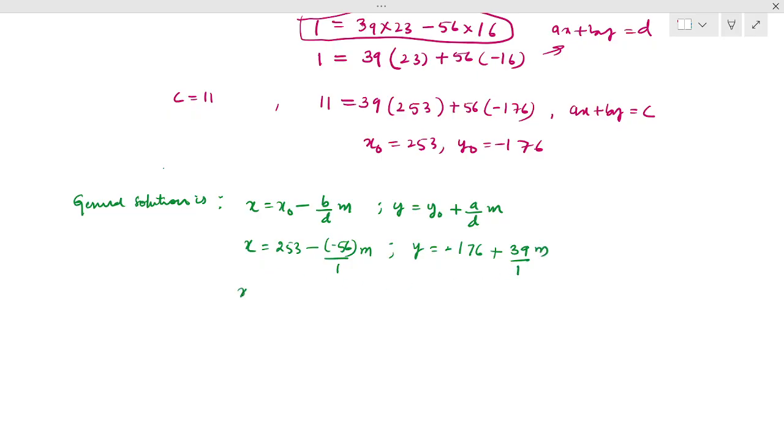Or finally you can write x is equal to 253 plus 56m and y value is minus 176 plus 39m, and m belongs to integers. For different values of m, you will get a solution for the given linear Diophantine equation.